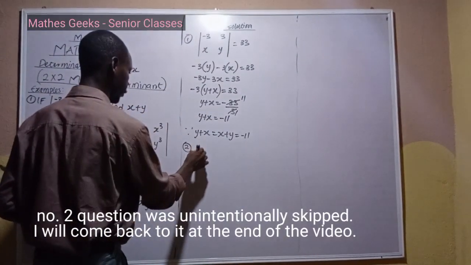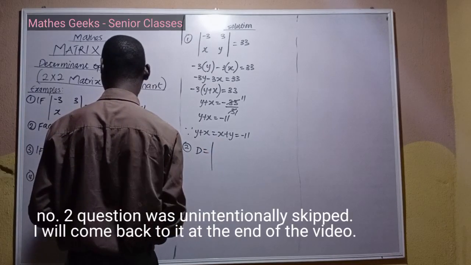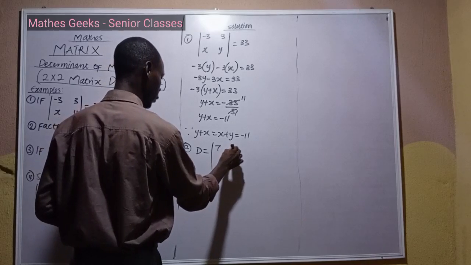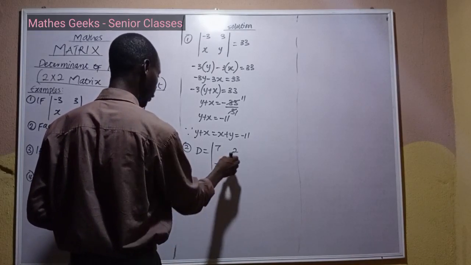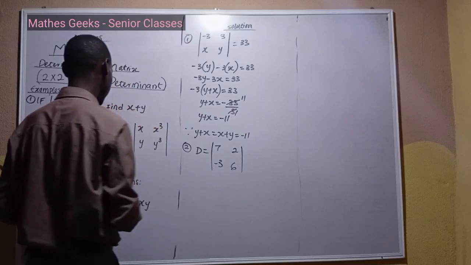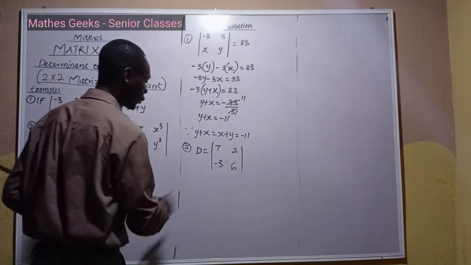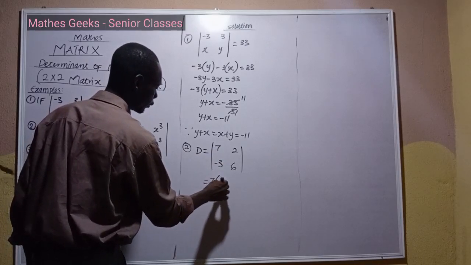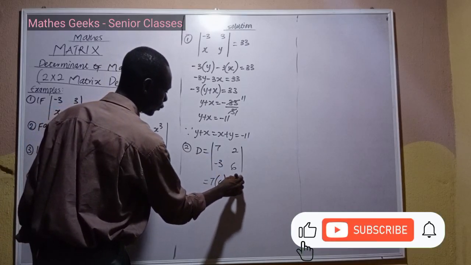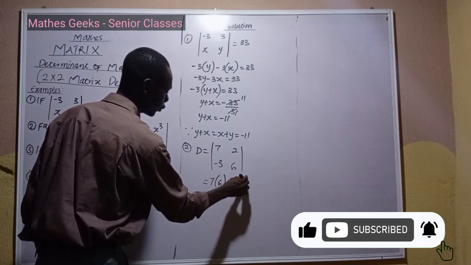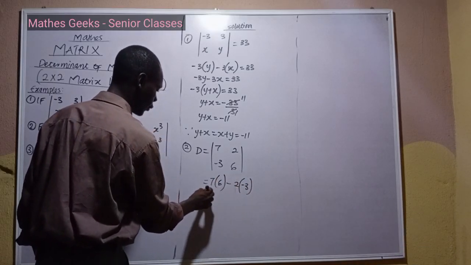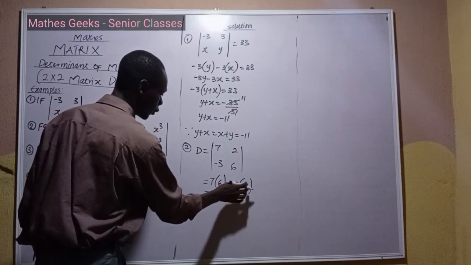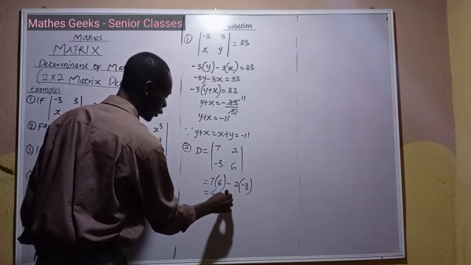Therefore, y plus x equals x plus y. So to find D raised to 1 over 2, this will give us the question 7 plus 6 minus 2 minus 3. 7 times 6 is 42, minus 2 times minus 3 is plus 6.